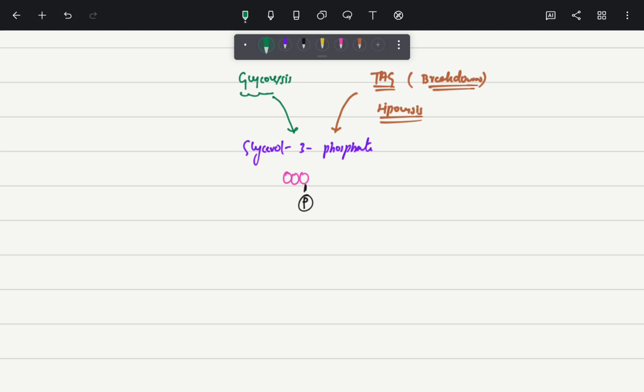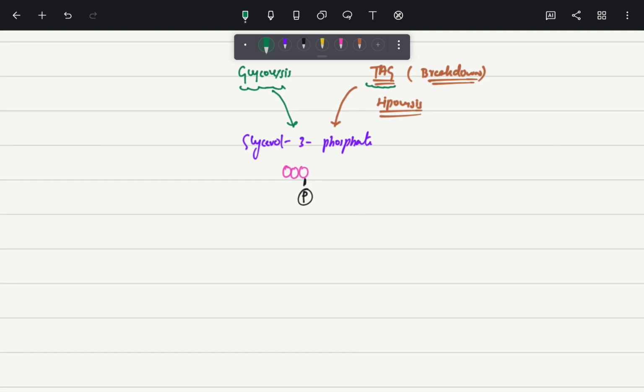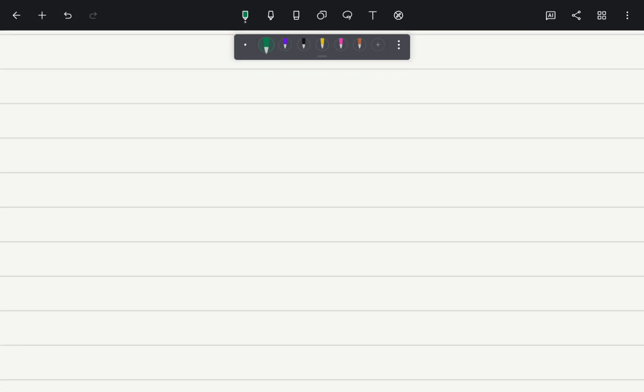First we will talk about the glycolysis pathway, and then we will talk about the triacylglycerol pathway or the lipolysis pathway.